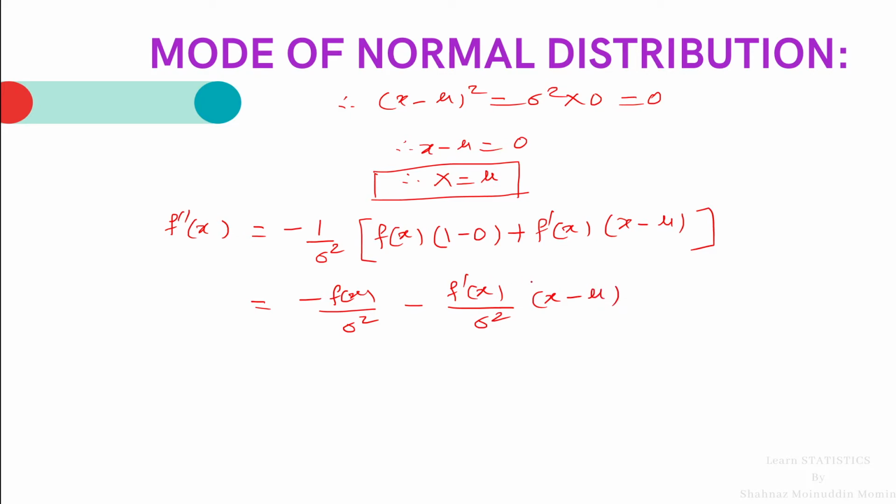Now from equation 2 I will substitute the value of f dash x. So it is minus f(x) divided by sigma square plus f of x into (x minus mu) square divided by sigma raised to 4.